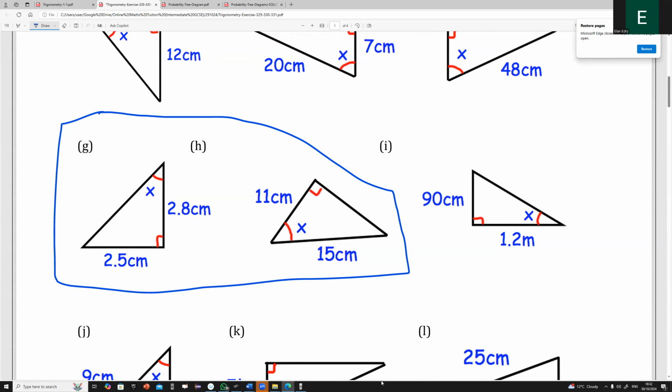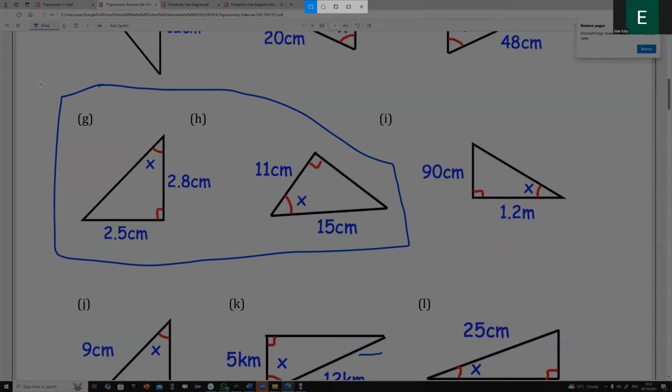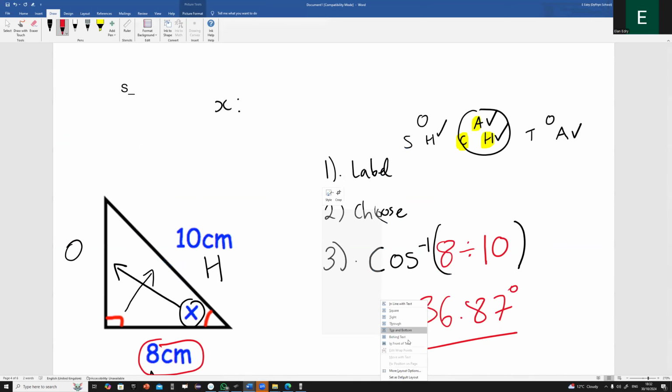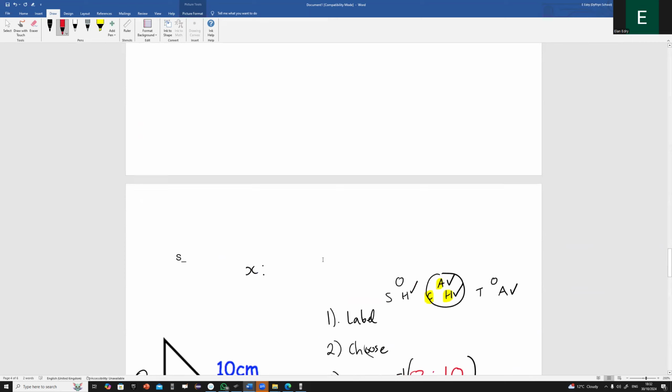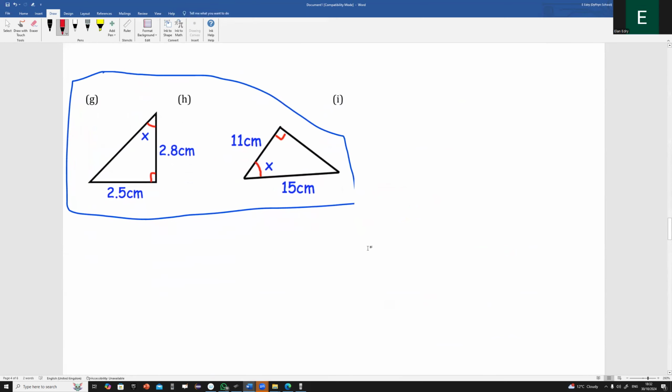You need to label the triangles, pick which of the formulas you've got to use, and then find X. Have a go at doing that now. Please let me know if you're not sure.